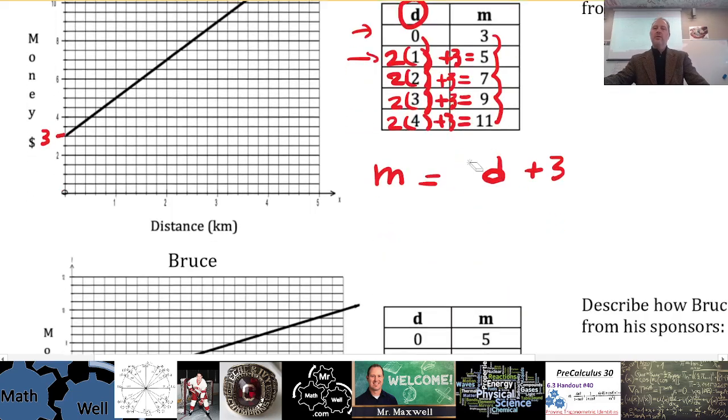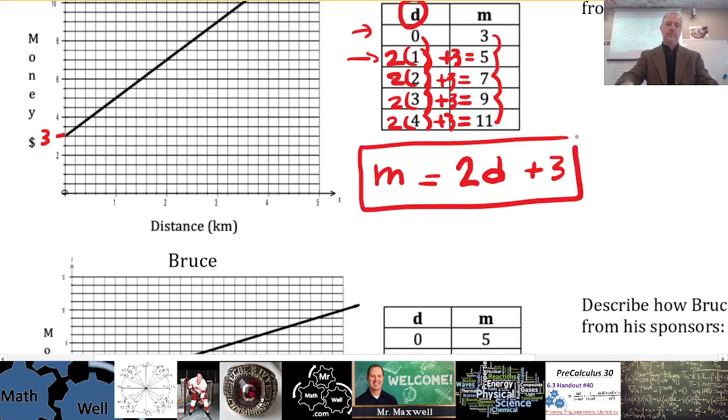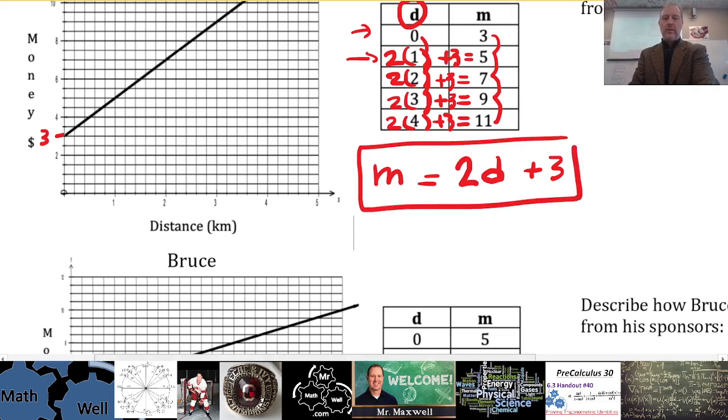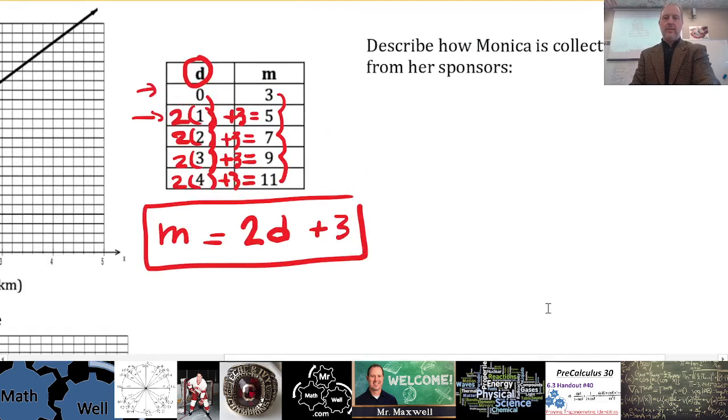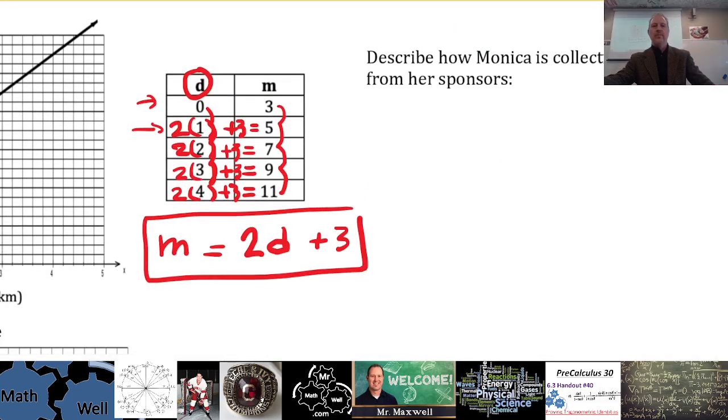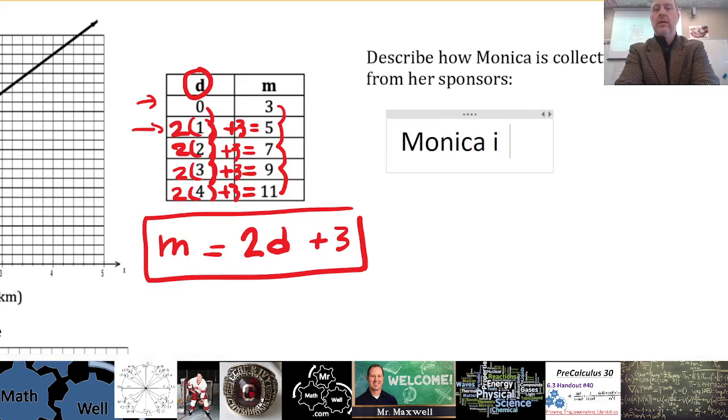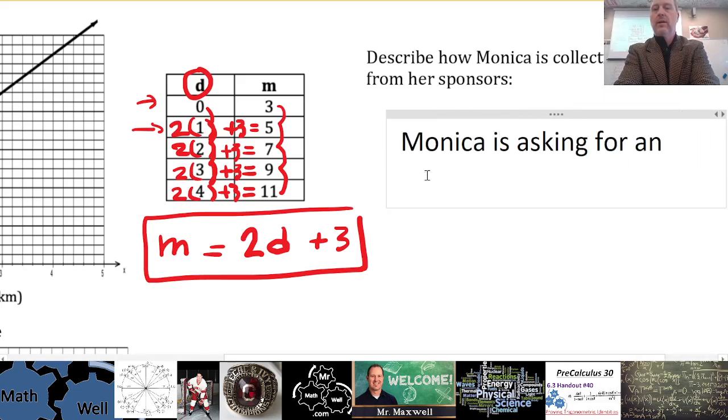So m equals 2d plus 3. That's the equation. And in words, we would describe this as, well, I'll type this because it's a little bit easier for me to type. But Monica is asking, like we've already determined, Monica is asking for an initial donation of $3.